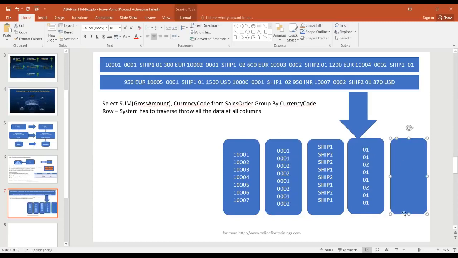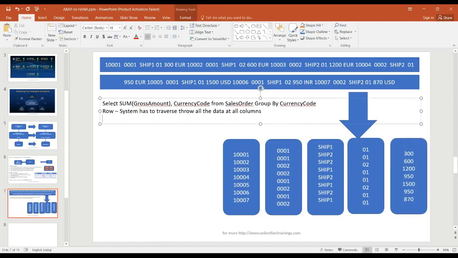And then we have finally the amount, maybe 300 euros, and then we have 600, then 1200, then 950, then 1500, then 950, and then we have 870. So that's my data for the amount.